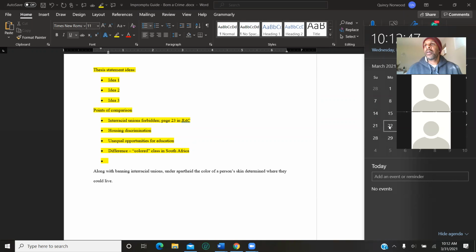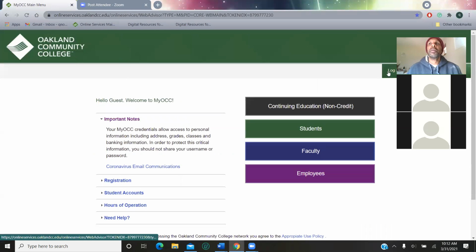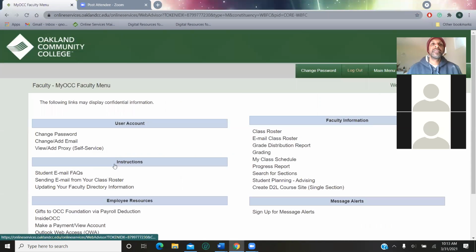And then just looking at our calendar real quick before we get up. I'm just looking at when this class officially ends.